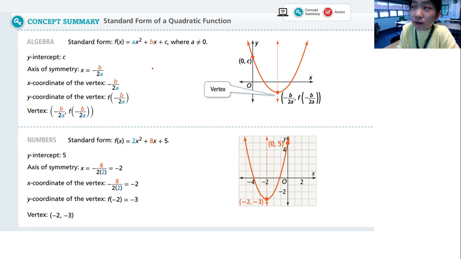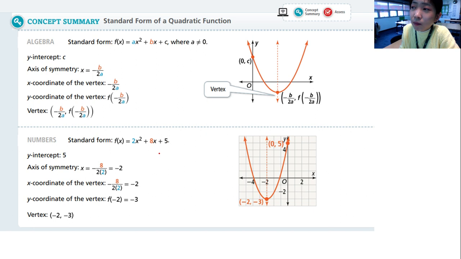The x-coordinate of the vertex will lie on the axis of symmetry, so it will be the same as the value of the axis of symmetry. The y-coordinate of the vertex is a function of that value, f of that value. So in summary, your vertex would be negative b over 2a, and the y value is going to be f of that value, okay?